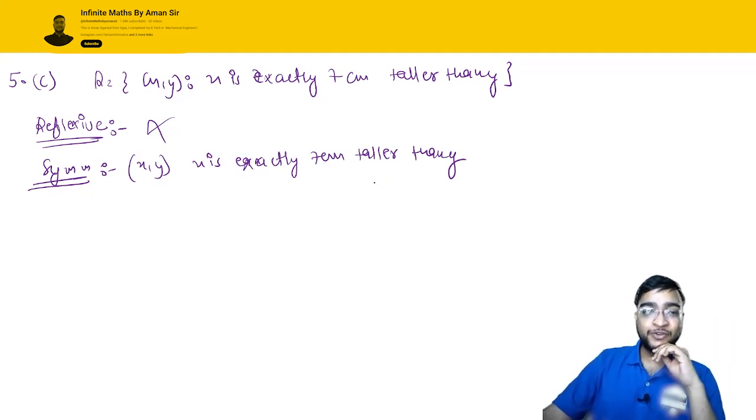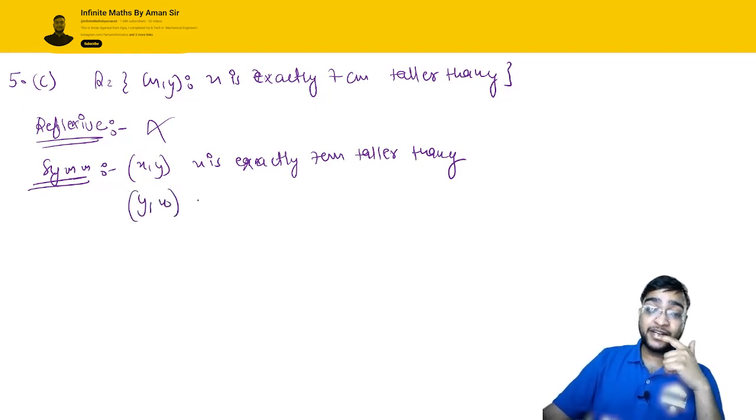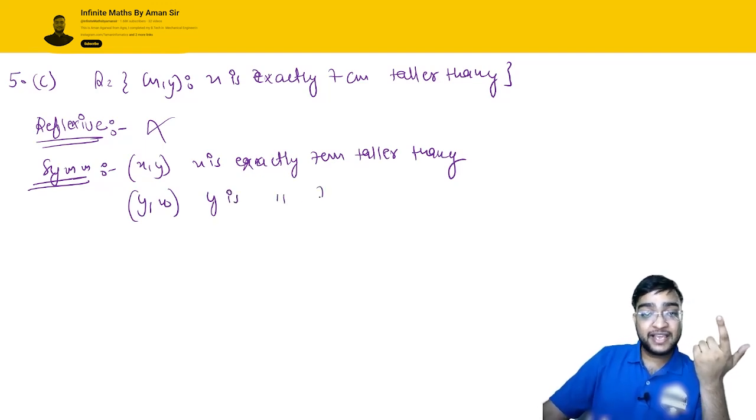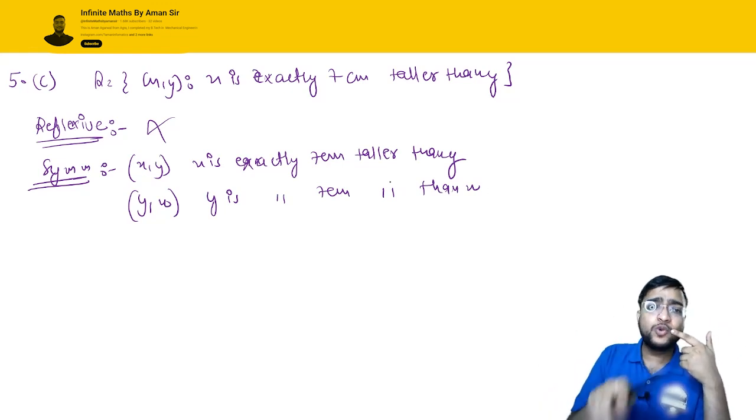What is the answer here? I think 90% of the students come with the answer only. For y comma x, the statement is reversed: y is exactly 7 centimeter taller than x. Is this reverse thing possible? You can say no sir.